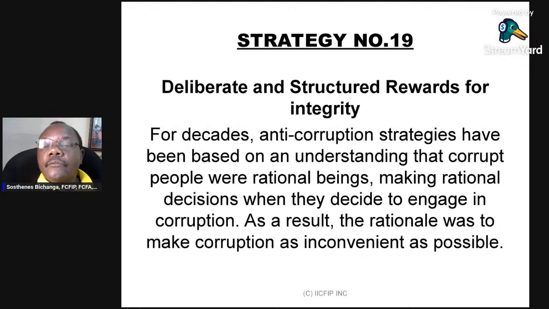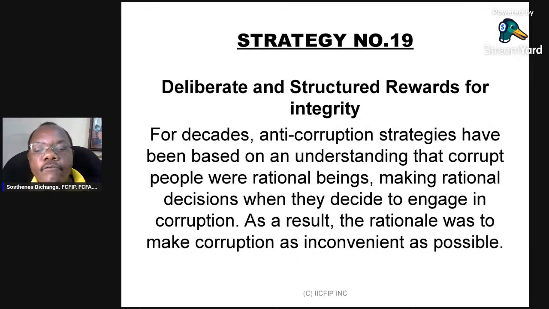This realization has opened up a new terrain to think of anti-corruption based on how people act towards and engage in corruption. That requires first an understanding of the psychology of corruption, and second, a holistic approach to influence both the mind and the environment in which the individual makes decisions.